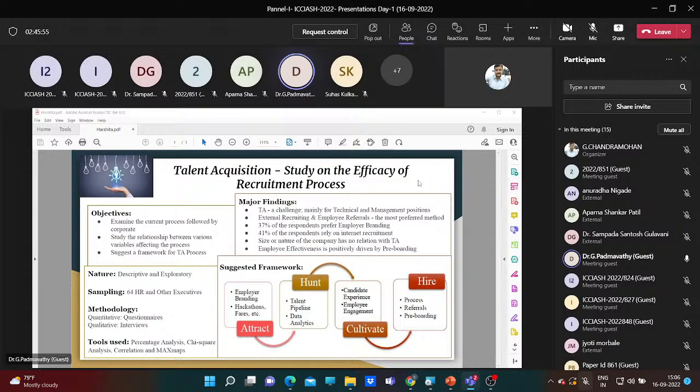The maximum rated methods to source candidates are social media, that is LinkedIn and Twitter, and employee referrals. Many of the interviewers suggested that they look into the candidates' CV. CV is becoming a very important source of hiring. They look into the objective and the formatting style, etc. in the CV.